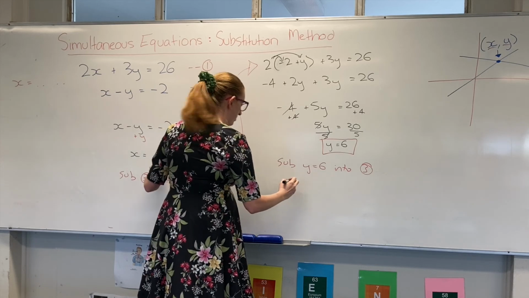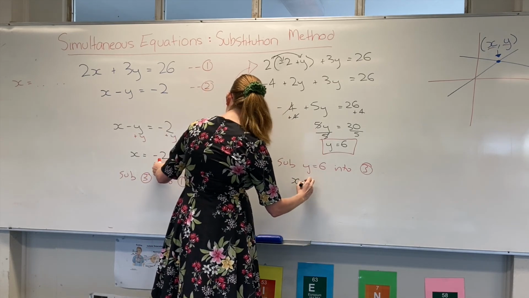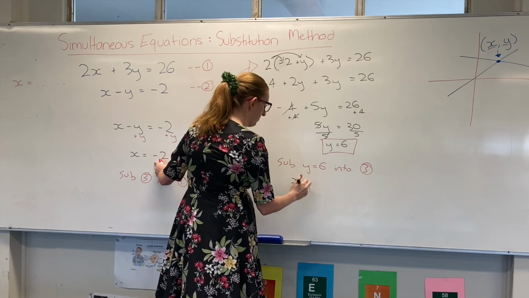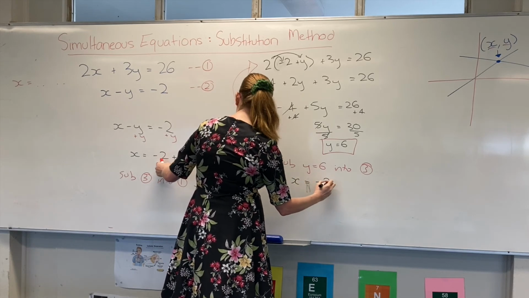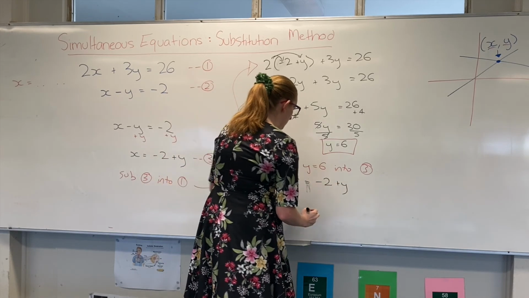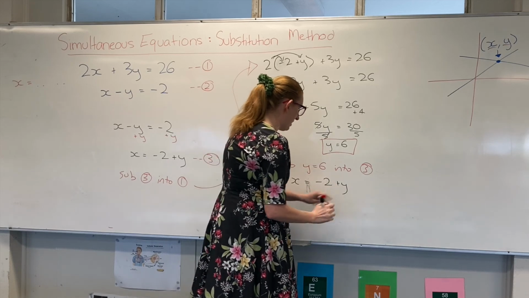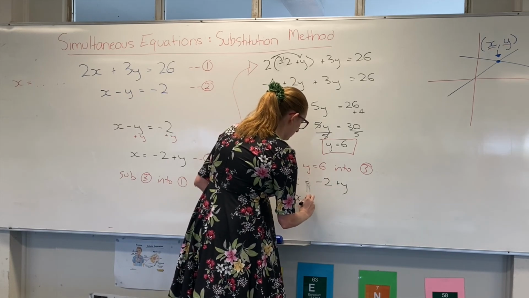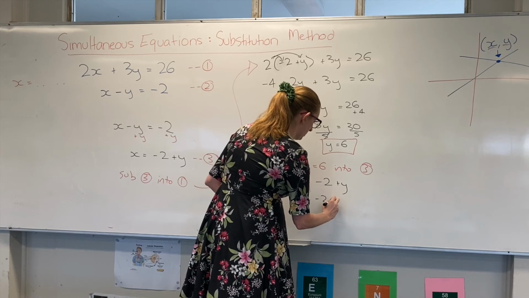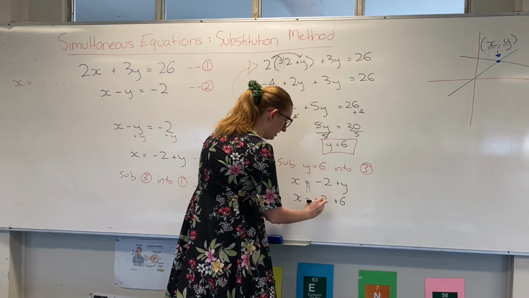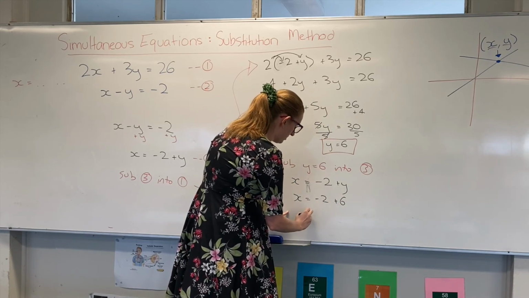So equation number 3 was x equals negative 2 plus y. But instead of y, I'm going to be having 6. So x equals negative 2 plus 6. Negative 2 plus 6 is 4.